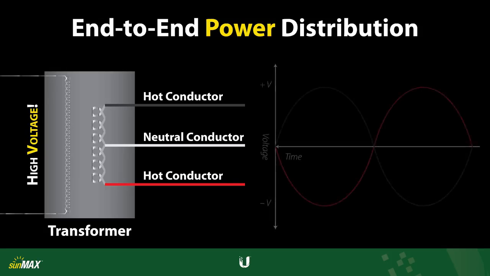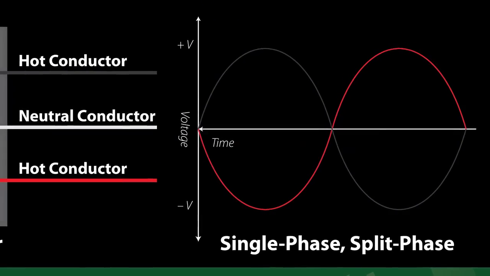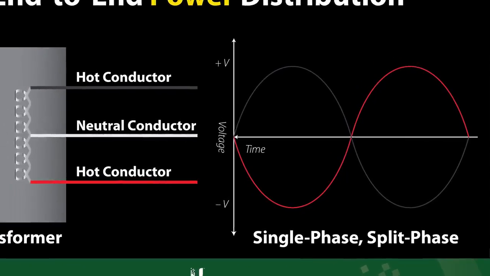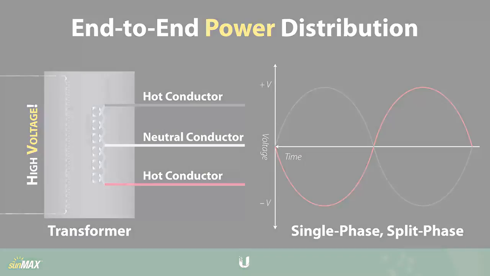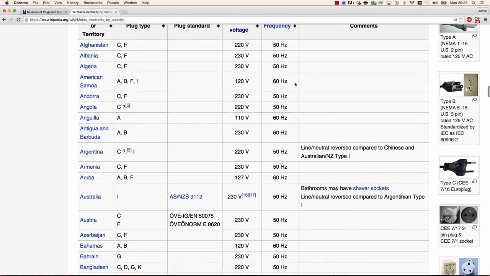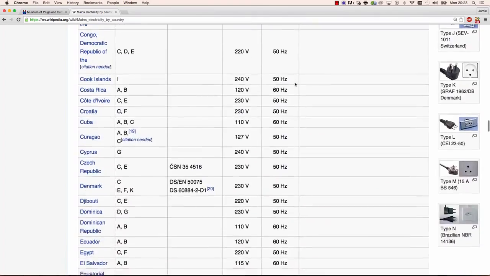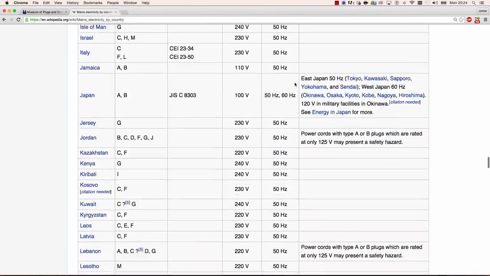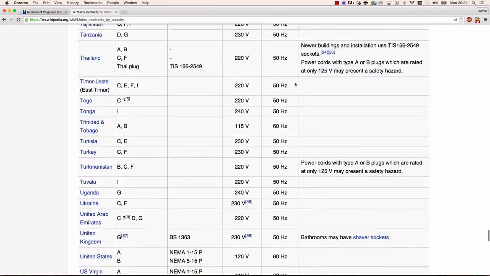This AC system is nicknamed single and split phase service, since these conductors are offset by 180 degrees of phase, carrying either of 2 voltages across residential circuits. While electrical standards, including plug types, vary by region, voltage typically ranges from 110 to 240 volts for residential systems.